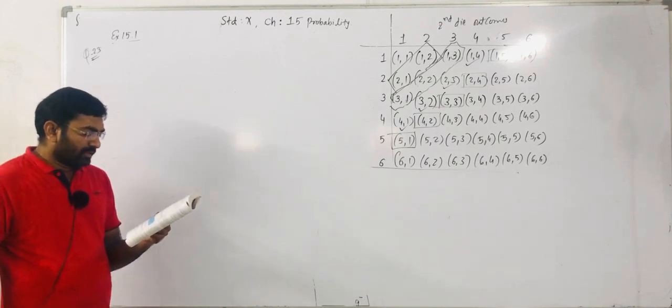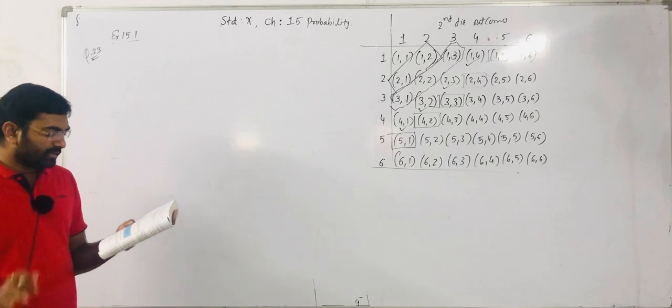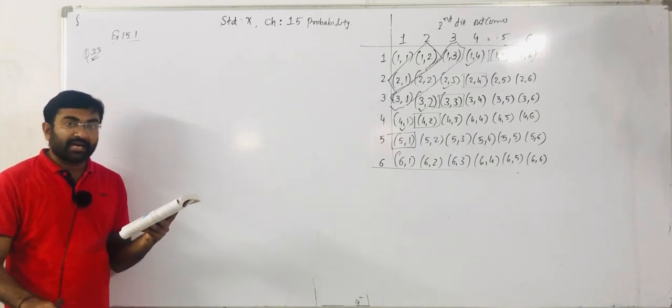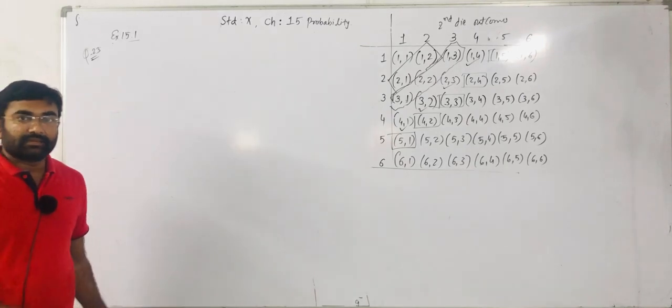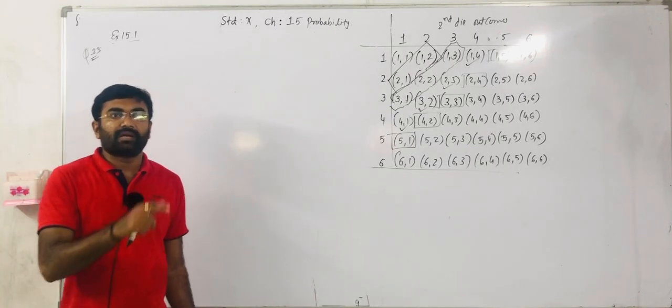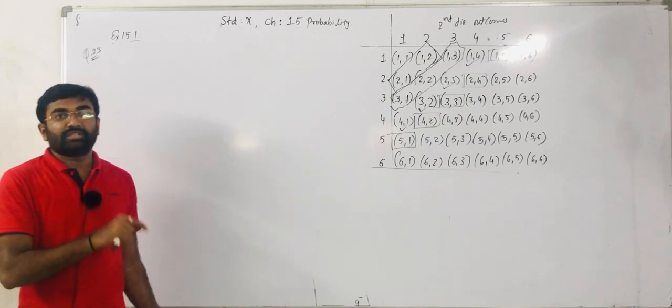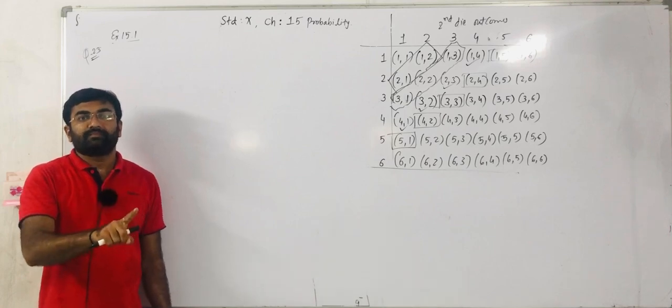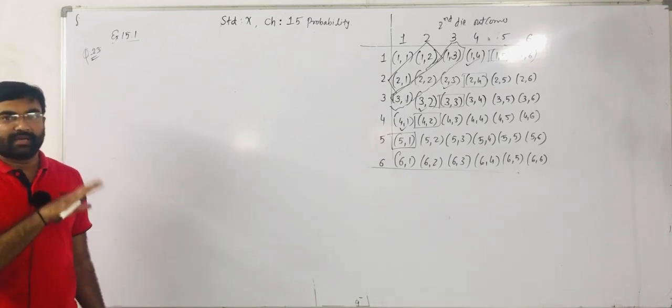Hanif wins if all the tosses give the same result. There is one person, Hanif, and his chance of winning depends on the condition. Which condition is given? If Hanif gets all outcomes the same, then he will win the game.